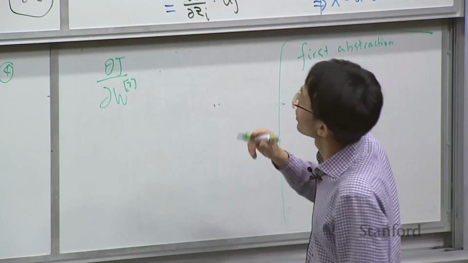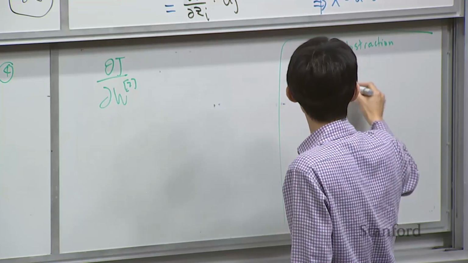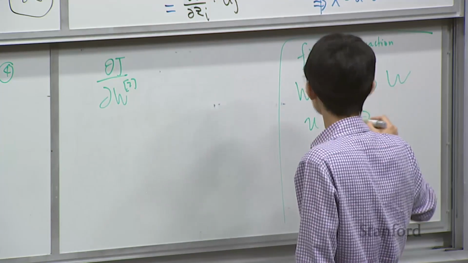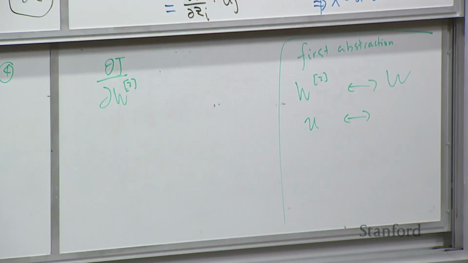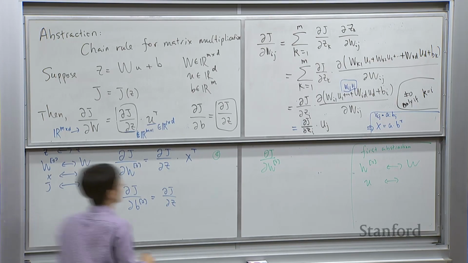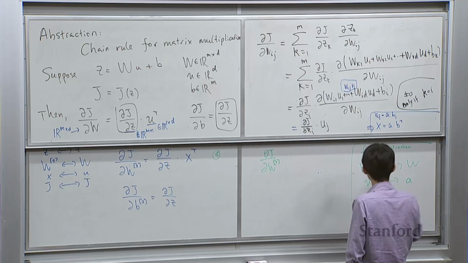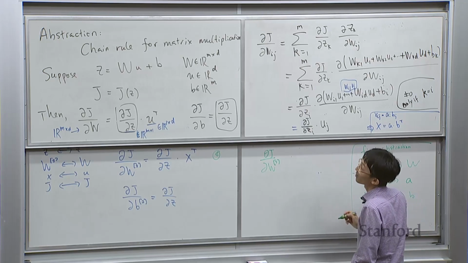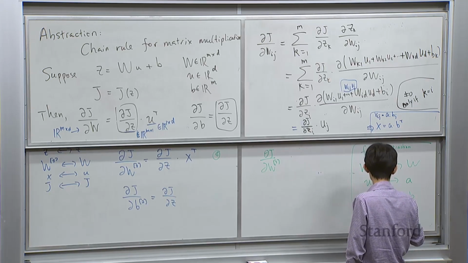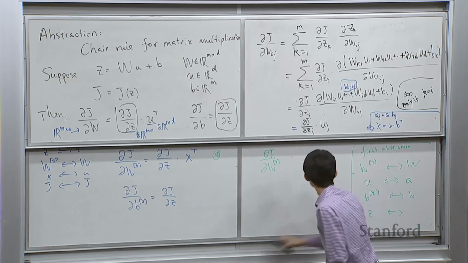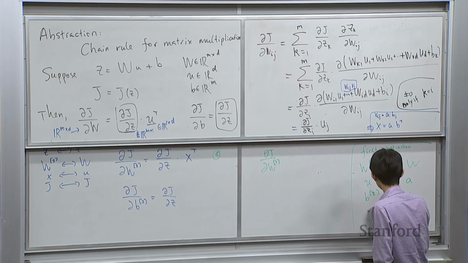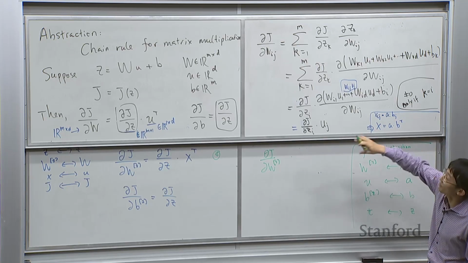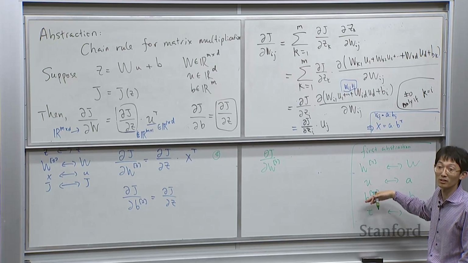You're going to say W2 corresponds to W. And U now corresponds to the A here, and B2 corresponds to the B, and the tau corresponds to Z. So the right-hand side is in the abstraction, and the left-hand side is in the real case I care about.